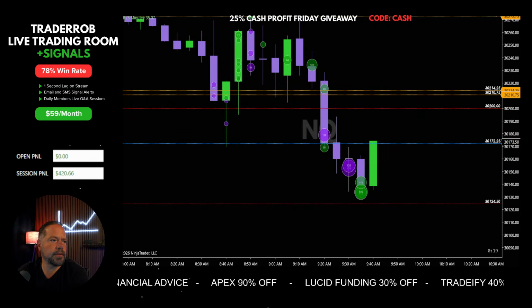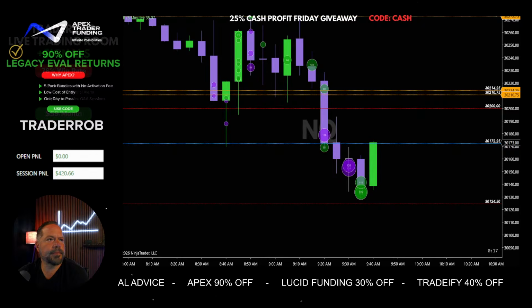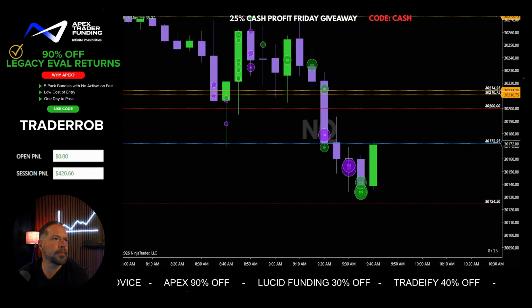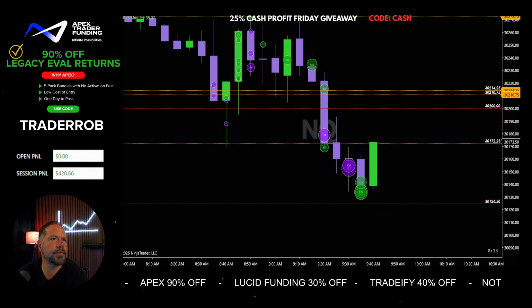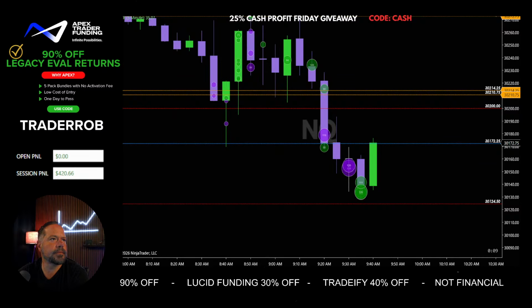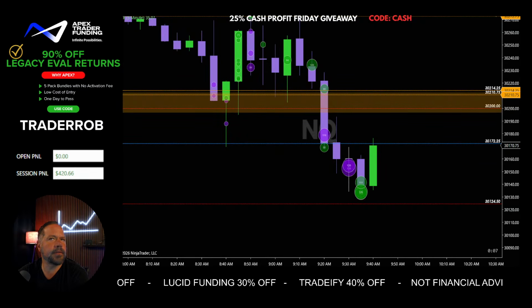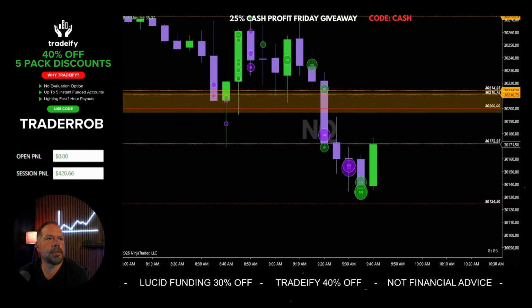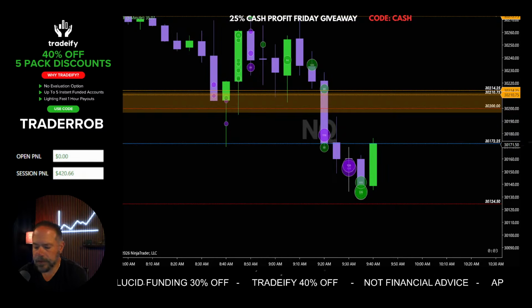We have a nice little area here that's kind of interesting. Let's see if it's got enough space to run. Don't know if it does.